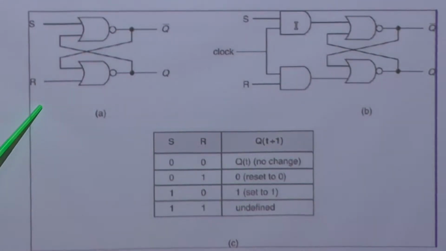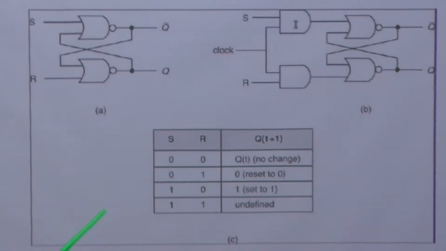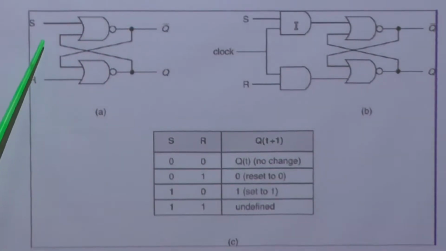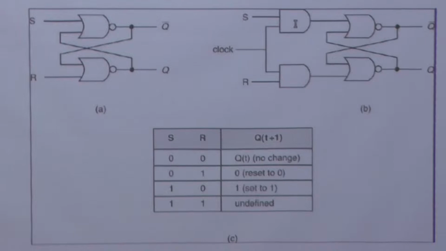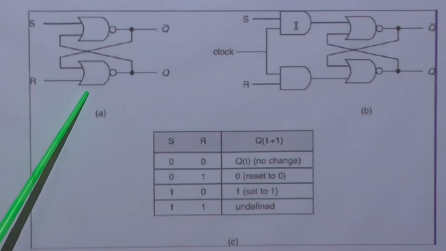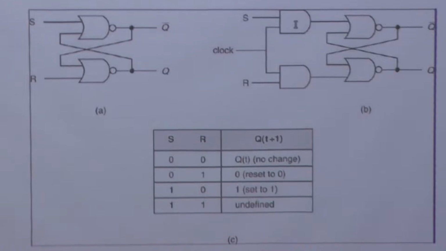You guys know how these work? I'm seeing nods. Anybody know? A couple of people? Okay. So, with a set reset flip-flop, the set line sets the output as being 1. The reset line, if that's activated, resets it to 0, right?